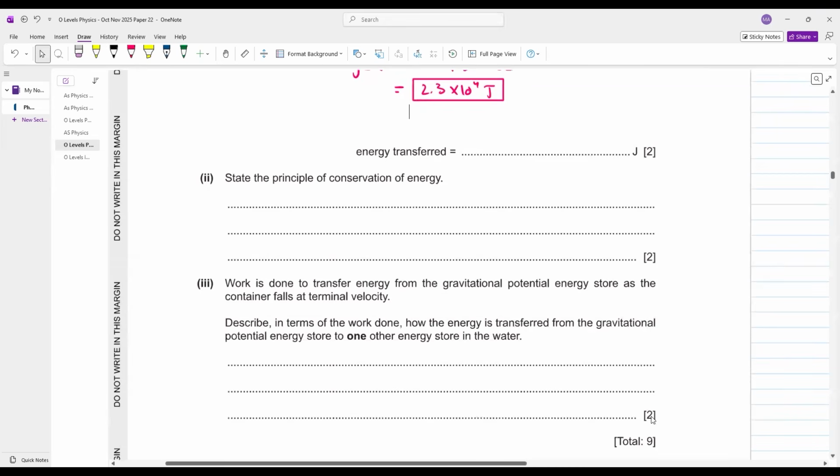State the principle of conservation of energy. Principle of conservation of energy क्या कहता है? The total energy of a system remains constant or conserved. This means energy can neither be created nor destroyed. तो यहाँ पे लिख लो. You can say the total energy of a system remains conserved.